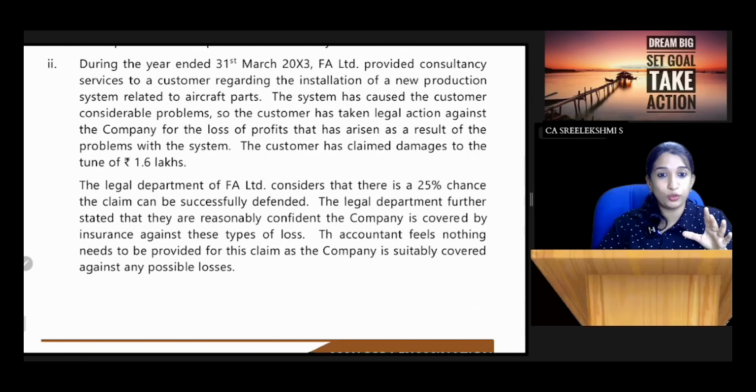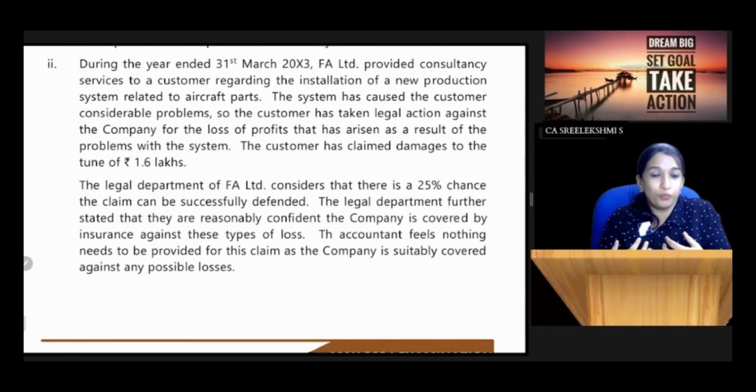Please don't jump into the conclusion saying that 25%, so contingent, less than 50% probability. 25% is winning, which means 75% is losing. So more probable, there can be outflow of resources embodying economic benefits. It is more probable. So you need to create provision.